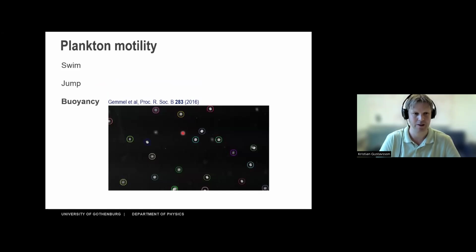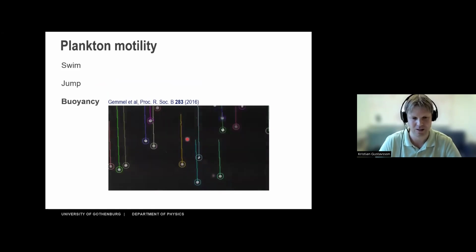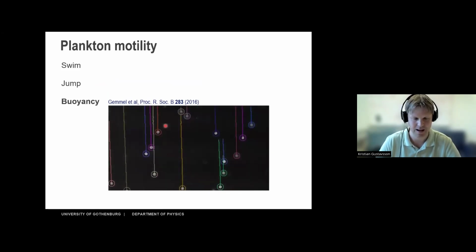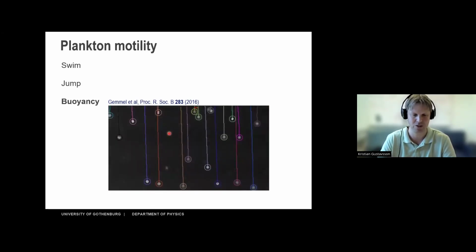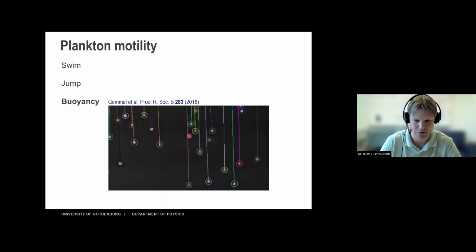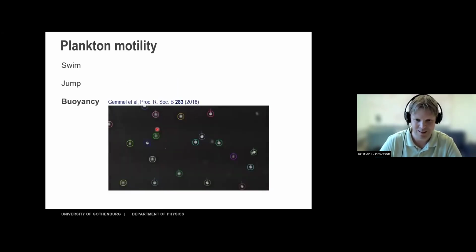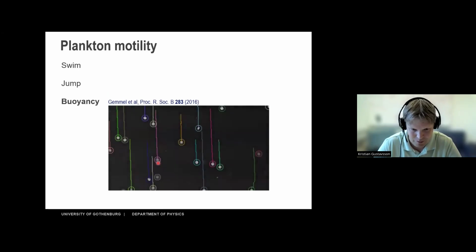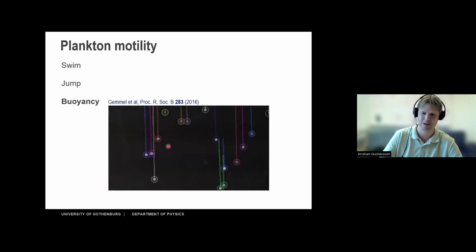A third example is plankton motility. Here are some diatoms that are slightly heavy, and by changing their size, they change their buoyancy and can change their dynamics. If you look at an individual trajectory of a cell, you see that it moves with a constant speed, then it stops, and then it moves again. That's by changing its buoyancy.